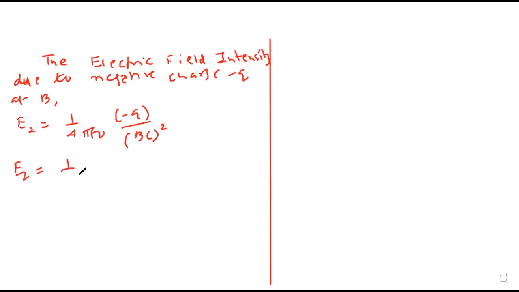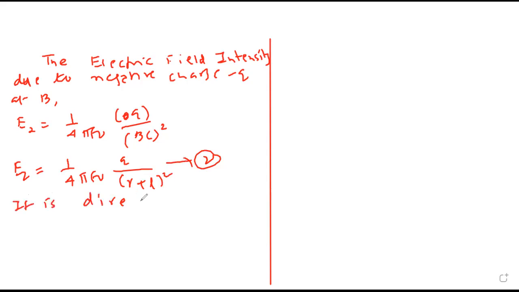E2 equals, we don't actually write the minus, only the magnitude, Q upon r plus L square. It is directed inwards.